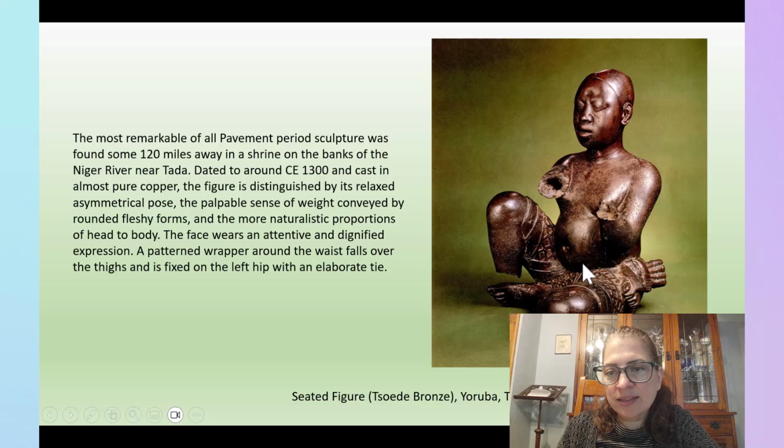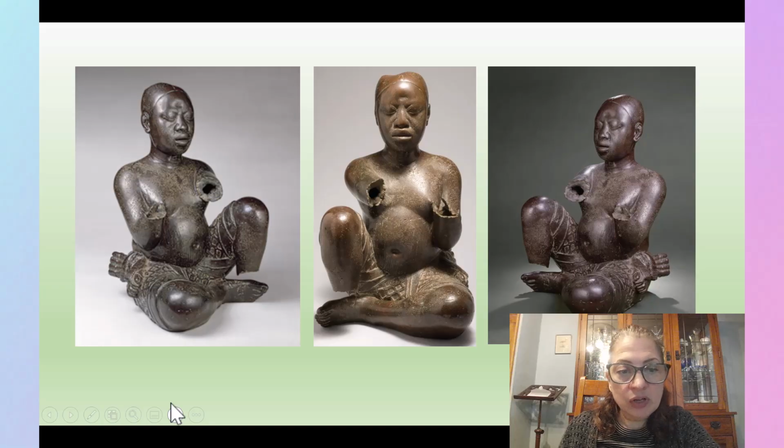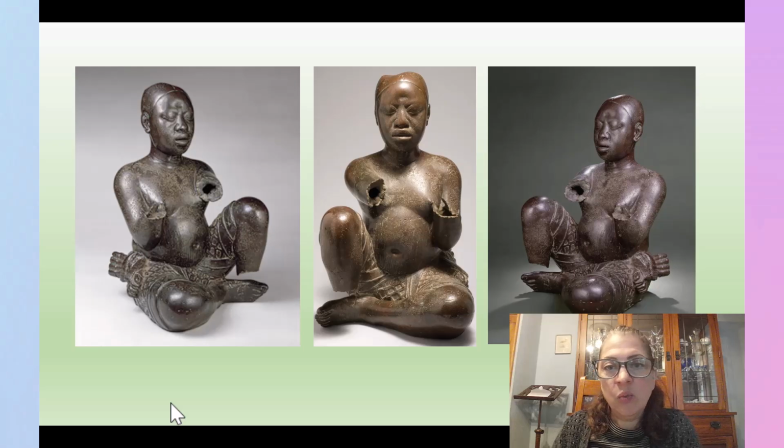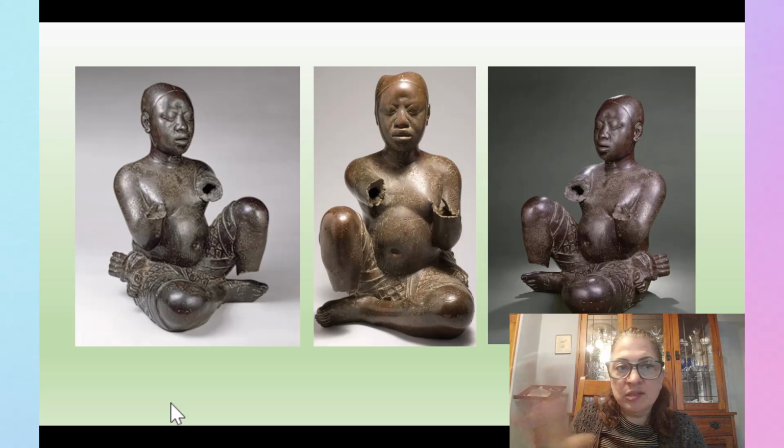And then I look at the stomach here and I see a rounded stomach. And I have always read this piece as of a young girl, maybe in childbirth, in her first time giving birth to a child. And if we look across these three, we can see it a little bit better. It definitely looks like it has a rounded stomach, as though this person was pregnant when this was modeled after them.